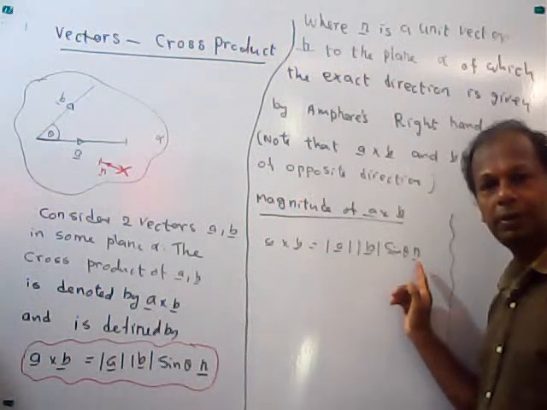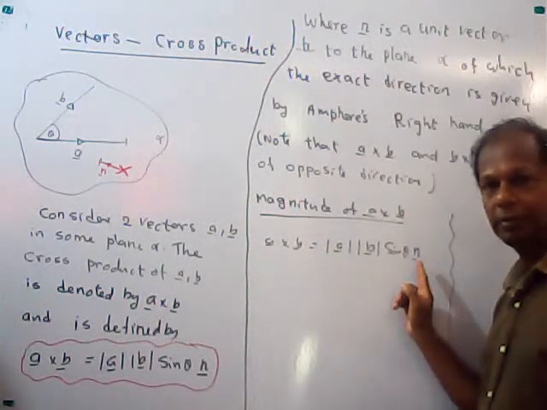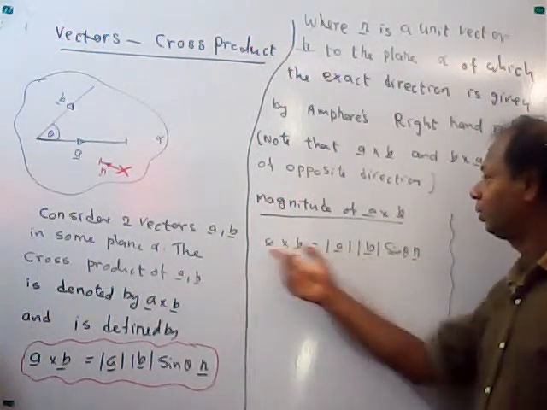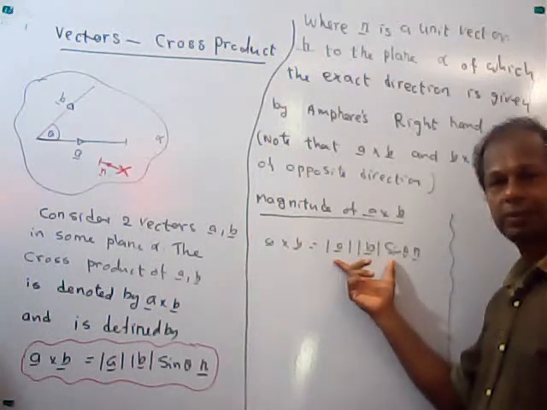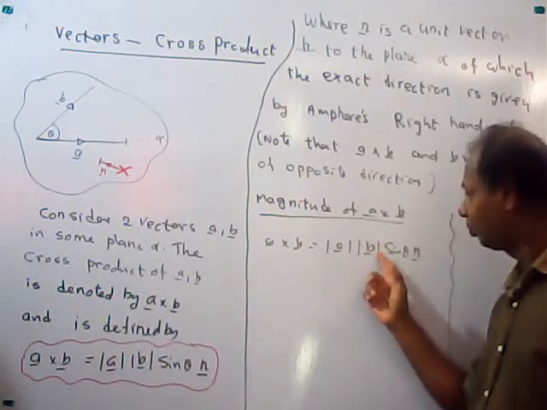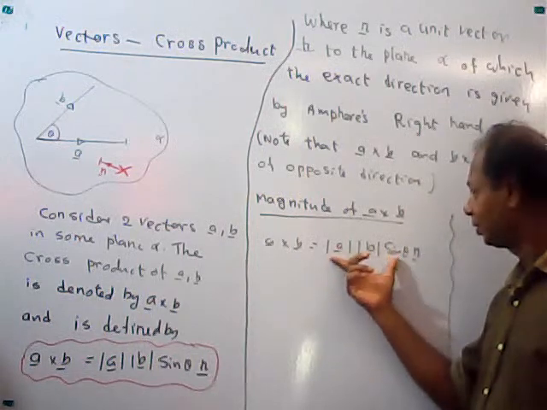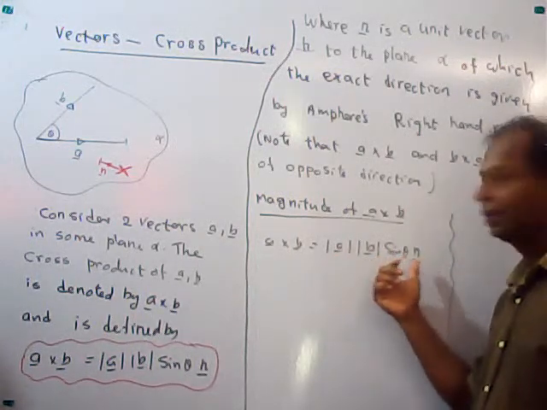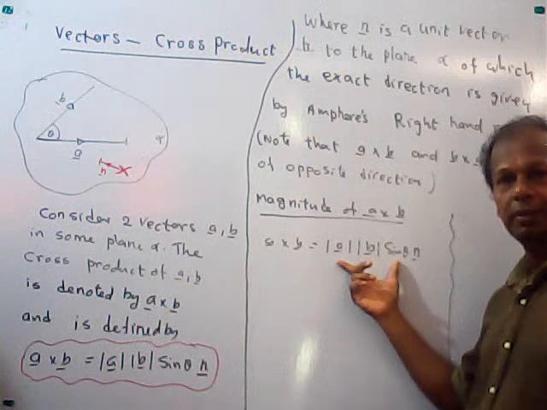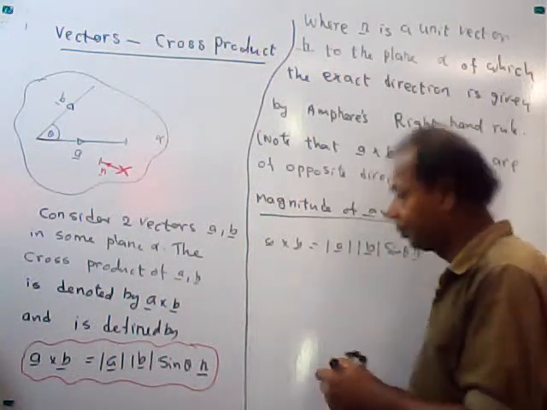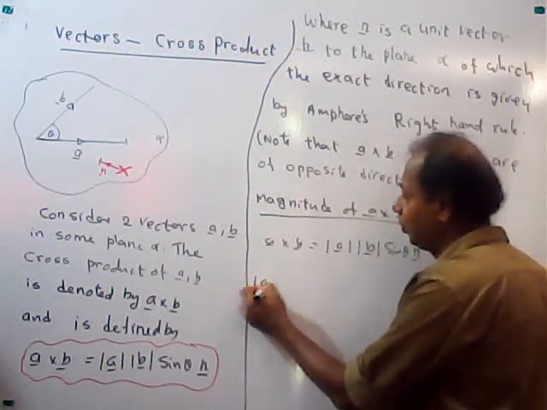N gives the direction, a unit vector. So the magnitude of A cross B is the rest, mod of A mod of B sin theta. This is a scalar, into n. So this scalar is the magnitude of A cross B.